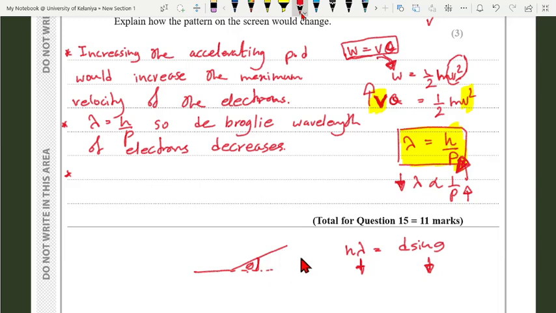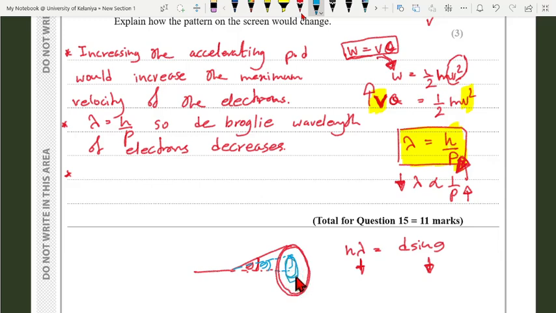So if theta is decreasing, what happens to our new theta? The new theta would be like this. Sine theta is also decreasing, so the diameter is also decreasing. If the diameter was like this in the previous stage, now the diameter is like this, because sine theta is decreasing.